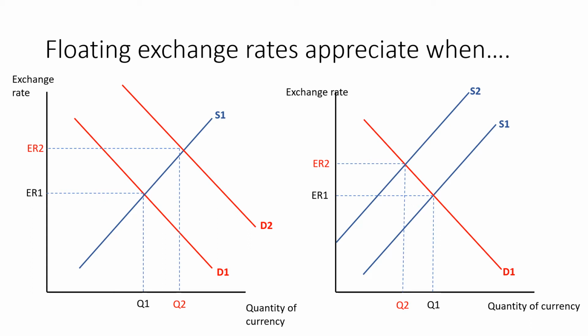So if we don't need as much foreign currency, we don't need to sell as much of our own currency into Forex markets, explaining why the supply of sterling decreases. So again, whether it's an increase in demand or a decrease in supply, you'll get an exchange rate appreciation as shown on the diagram there from ER1 to ER2.